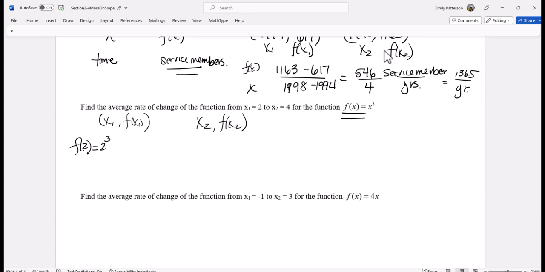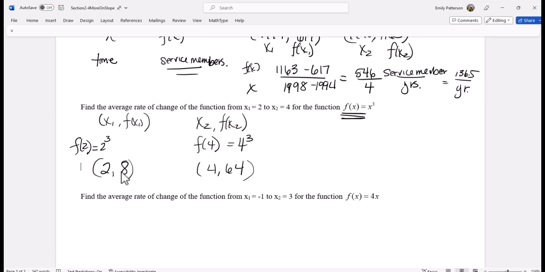So my first point is when x is 2, f of x is going to be 8. Doing the same thing for 4. x2 is 4, so f of 4, raising it to the third power according to that function, is 4 to the third. So my second point is 4, comma, 64. 4 to the third. Remember, 4 times 4 times 4.